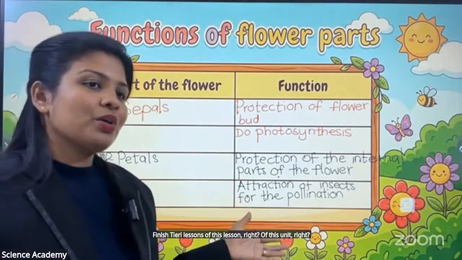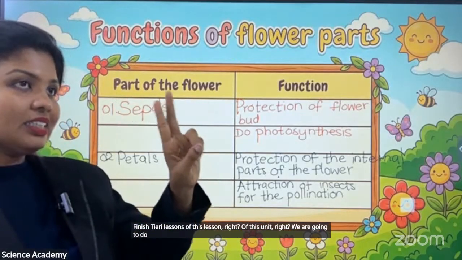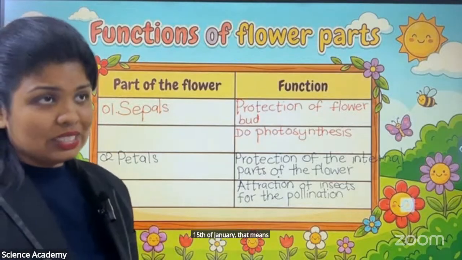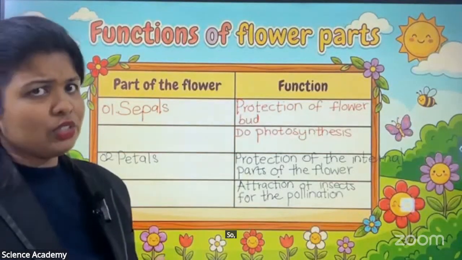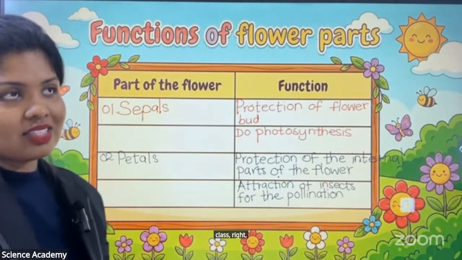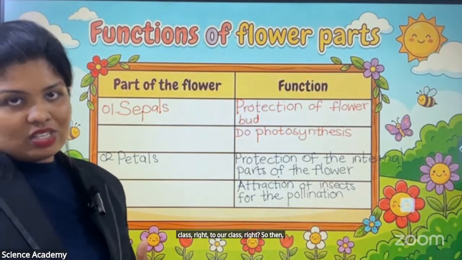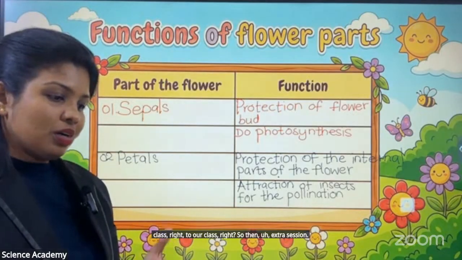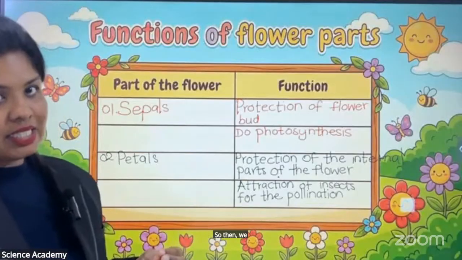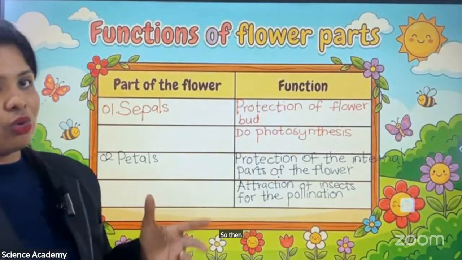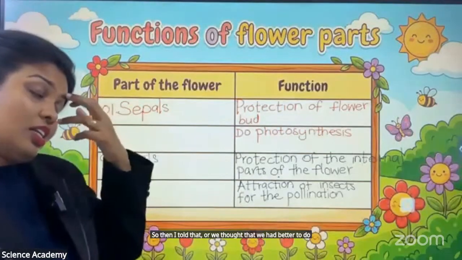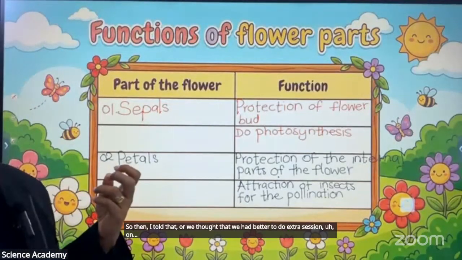We are going to do 2 practicals on the 15th of January. That means Thursday. You have a holiday. So in the morning time we are going to have that class, a 2-hour class, right? This term is very short, so we have limited time.